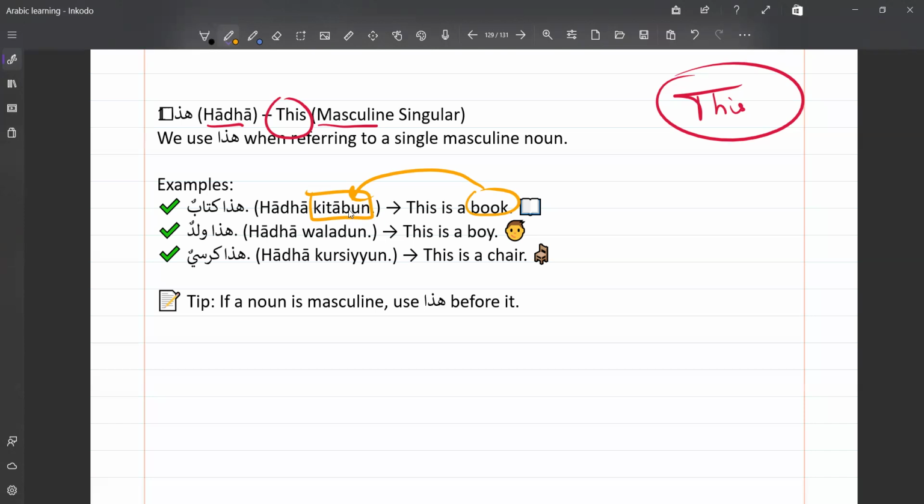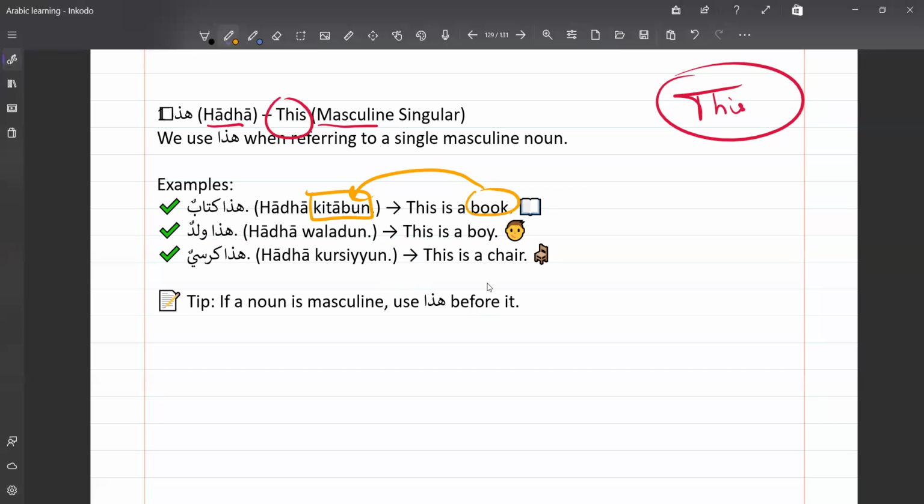Either you can say kitabun or kitab, it means the same, and refers to a book. So to say this is a book, we will say hadha kitab or hadha kitabun.